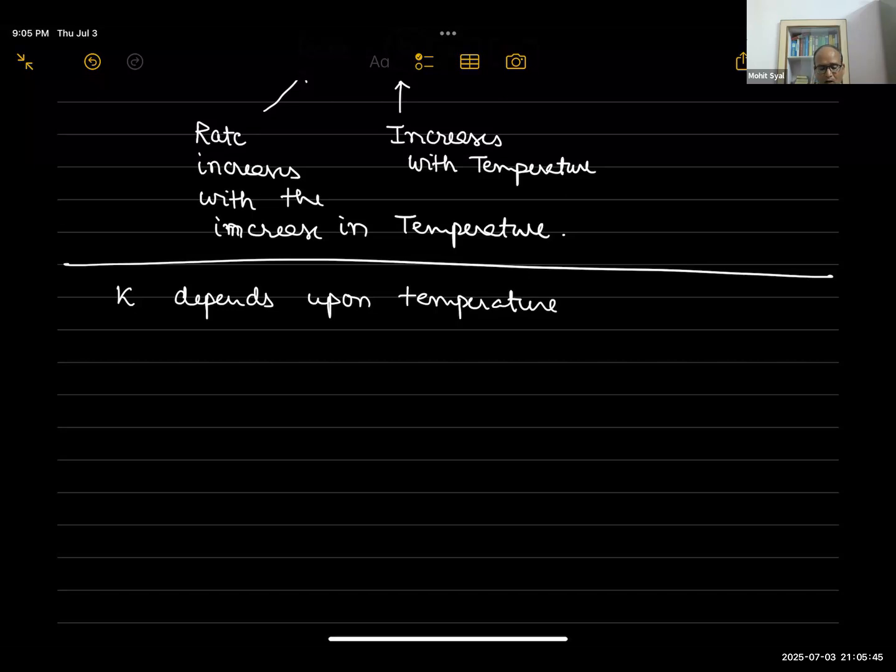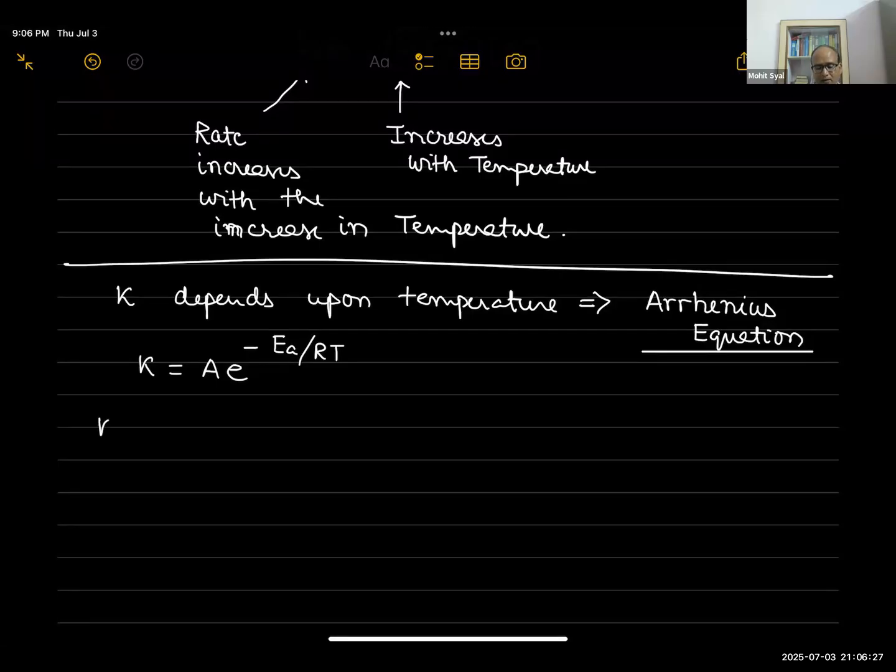K depends upon temperature, and how it depends is given by the Arrhenius equation. This is how the K depends upon temperature.